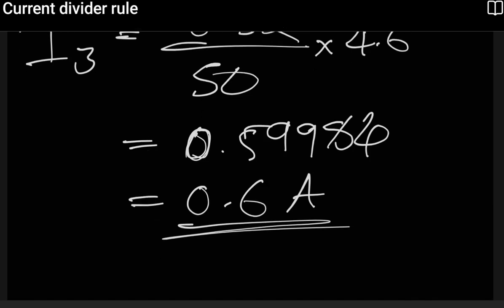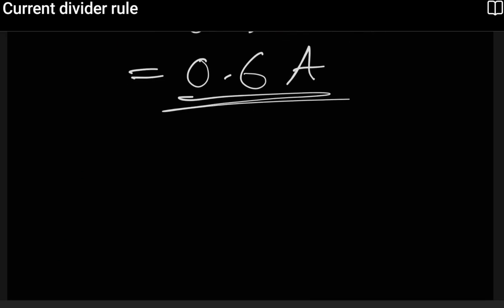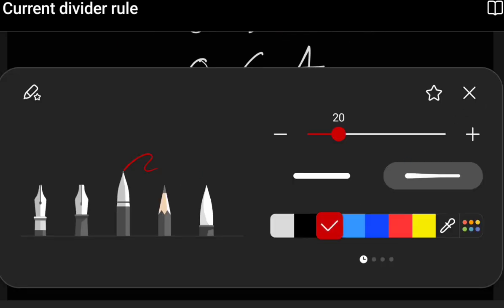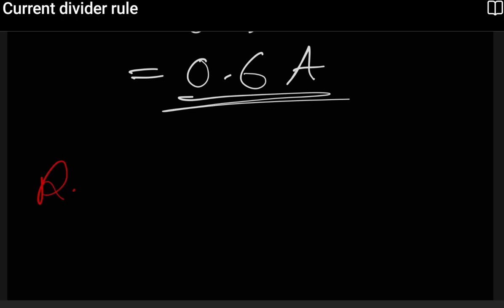Now, I don't know if you guys have noticed, look at one thing here. R1 was 10 ohms, and the current passing through R1 we found as 3 amps.